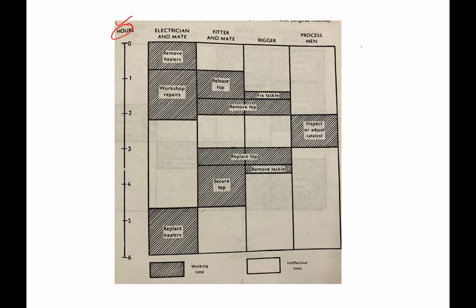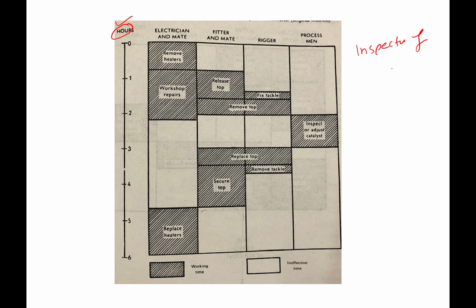This is an example related with the inspection of the catalytic converter in a particular plant. Inspection is needed because this is a very crucial part, so it has to be inspected regularly to avoid breakdowns and shutdown of the plant.